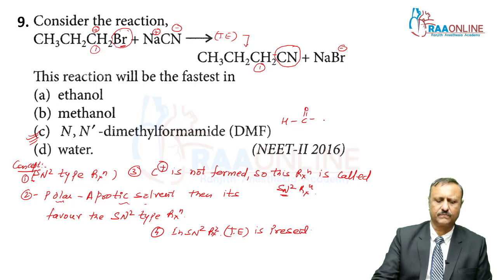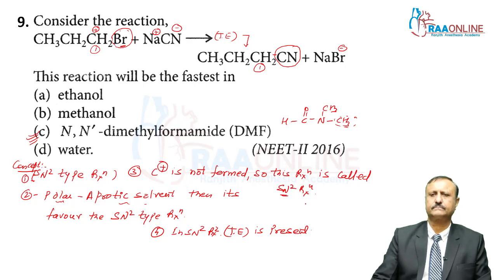This structure is for N,N-dimethyl formamide, and here you can see the 2 methyl groups. So you can call this methyl group is attached with this nitrogen atom. So it is called N-methyl, and here it is also called N-methyl. So it is called N,N-dimethyl formamide.